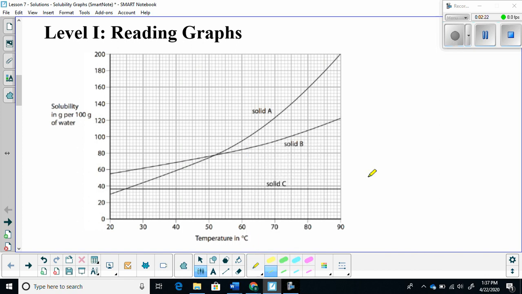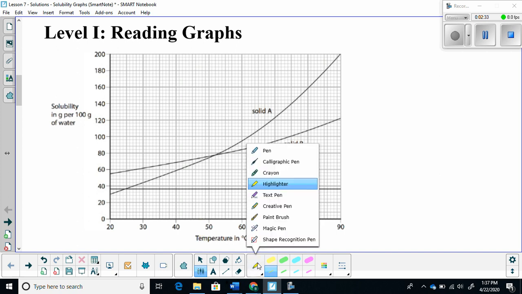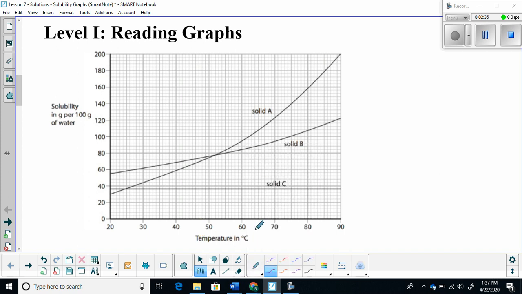So basically, the way that the graphs are set up, they have temperature on the x-axis, which means that temperature is our manipulated variable. Okay, just reviewing general graphing.